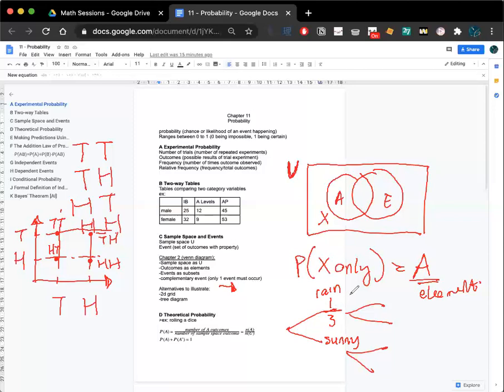Since the chance of raining is 1/3, then the chance of not raining would be the complementary event of it, or the opposite probability, aka 2/3. So let's say that every day you have a 1/3 chance of raining. So on the next day, you have a 1/3 chance of raining and a 2/3 chance of being sunny. And then it will be the same in the case of being sunny. So this is how the tree diagram works.